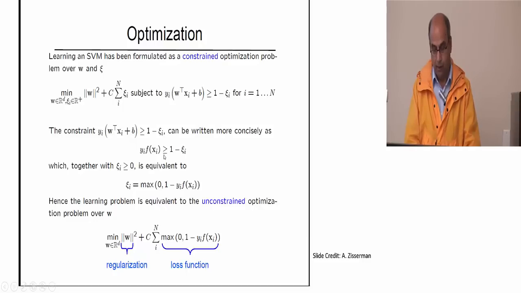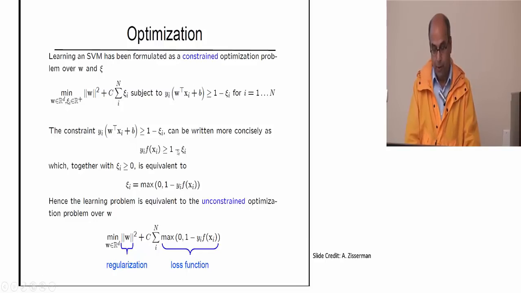So what we have done is multiply by yi, and then rewritten this in terms of that. Instead of w transpose xi, we just put f(xi).